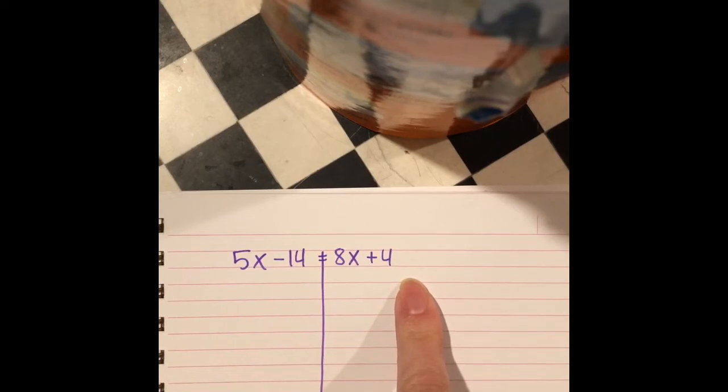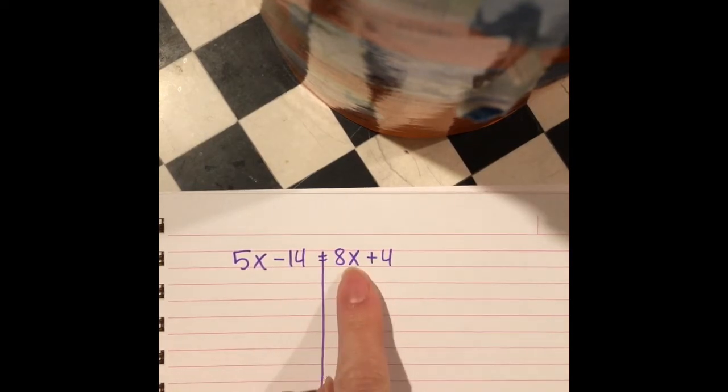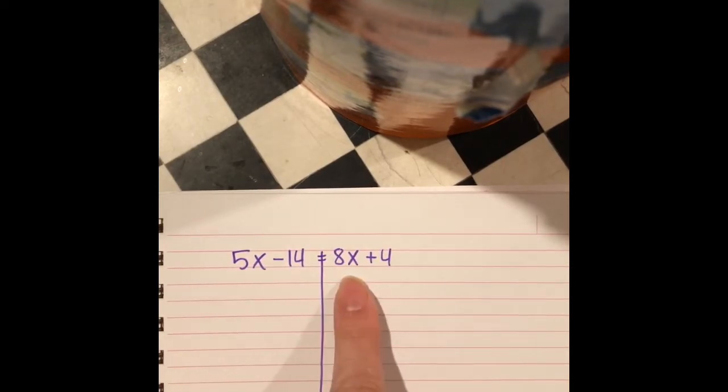I'm going to go ahead and simplify the x's first. I can move 5x here, and I know that if I do that I have to subtract 5x. So I could subtract 5x from 8x or 8x from 5x. I know that if I take 5 away from 8, I'm going to get a positive number, and I like positive numbers better.